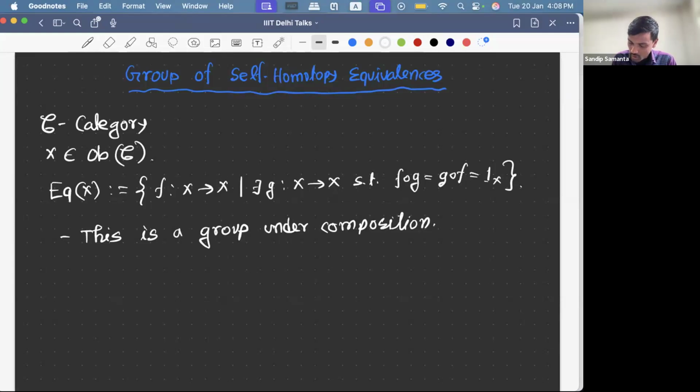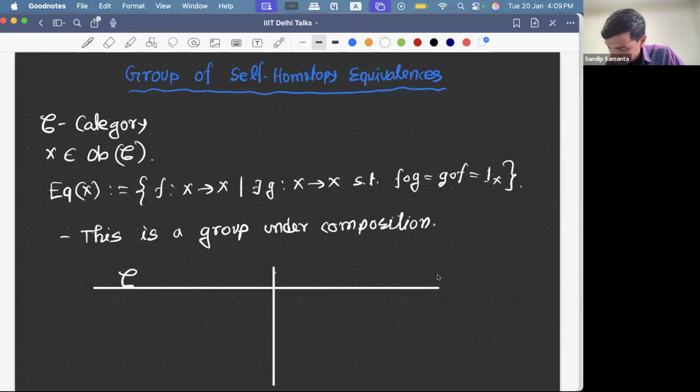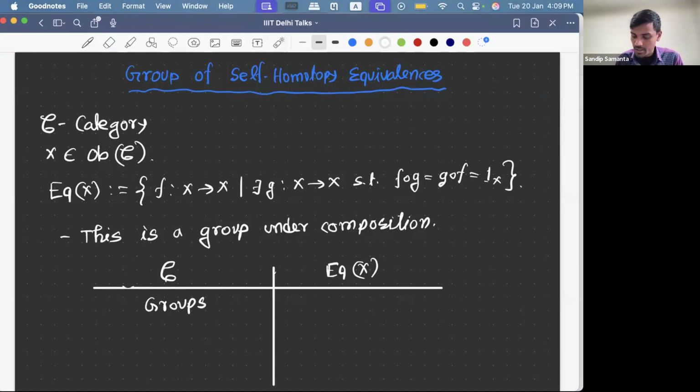Now if we vary our category, then depending on the category, we will get different groups EQ of X. For example, if we consider the category of groups, then what will EQ of X be? Its morphisms in the category of groups are group homomorphisms, right?